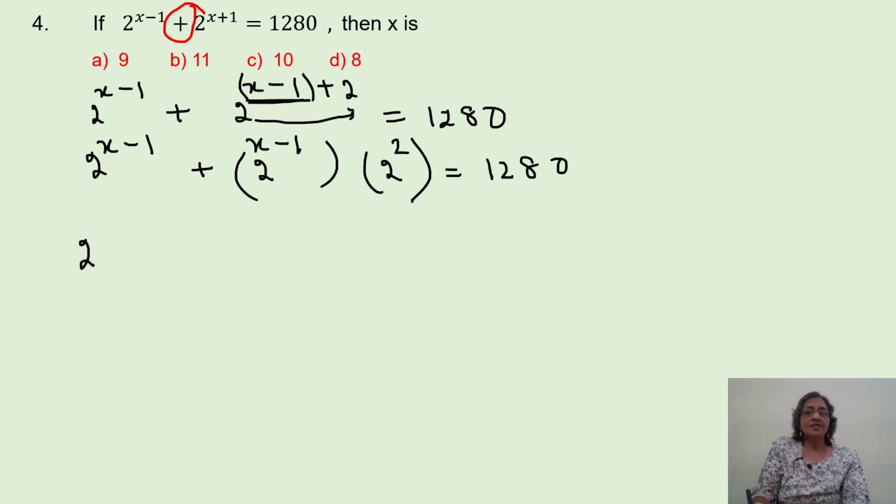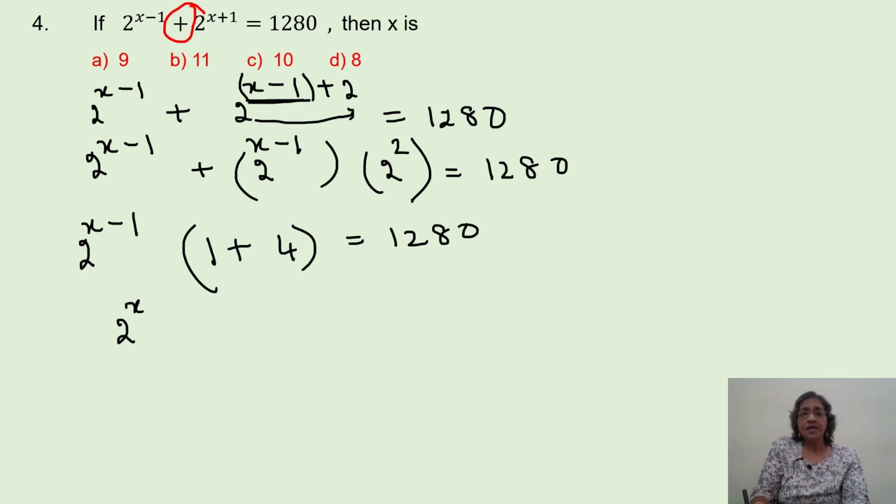So if you look at this, I have 2 raised to x minus 1 common in both the terms. Now remember, when there is a plus and minus, you have to do something by taking out something common. And 2 raised to 2 is nothing but 4. So I have 2 raised to x minus 1 equal to 1280 divided by 5.